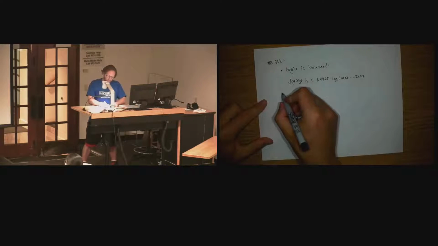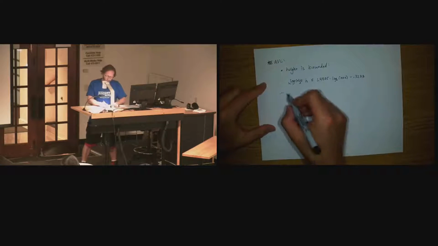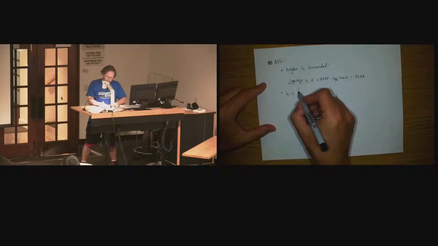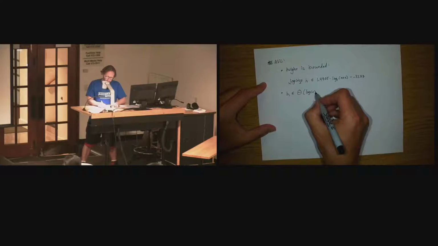And this is just a mathematical analysis of assume everything has a balance factor of -1, 0, or 1. What is the absolute maximum that the height could be? And basically, because it's bounded below and it's bounded above by logarithm, then we can say that the height is going to be theta of log n. Okay?